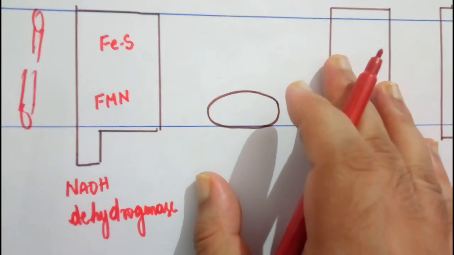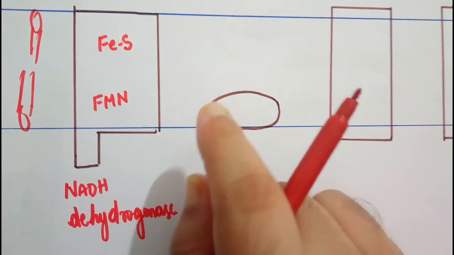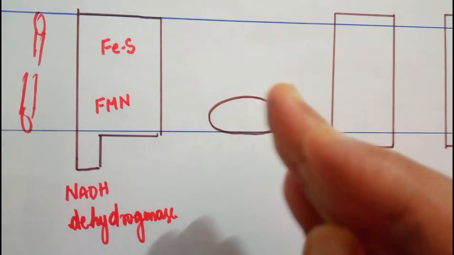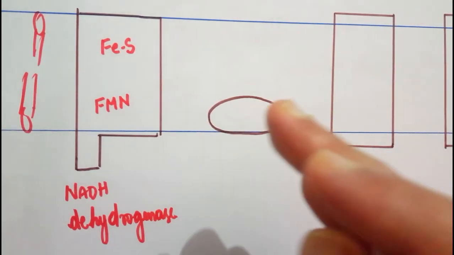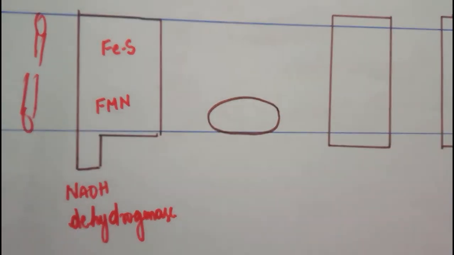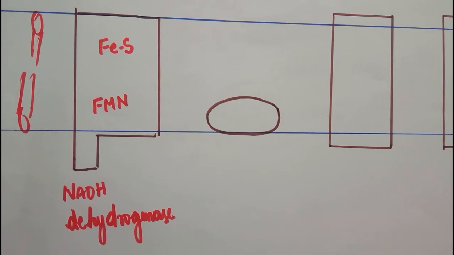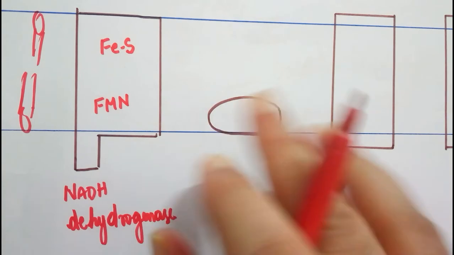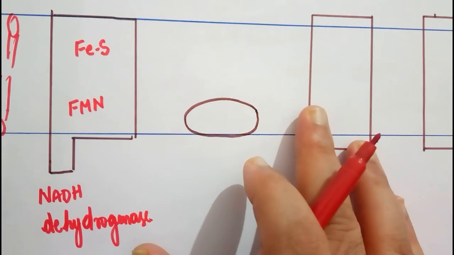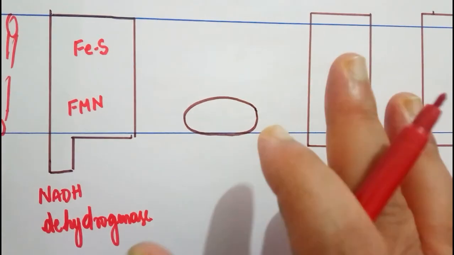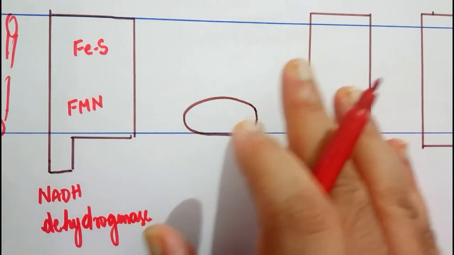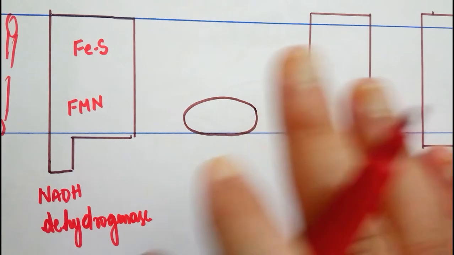The NADH produced in glycolysis depends on shuttles like the malate aspartate shuttle, which decide whether the electrons from glycolysis are given to NADH or FADH2. I'll make a separate video on those shuttles, but I'm assuming the operating shuttle has given the electrons to NADH.